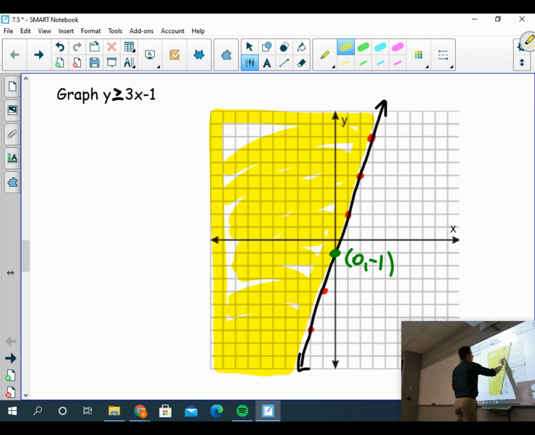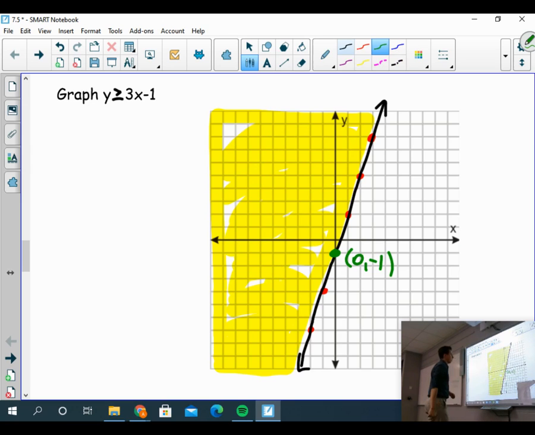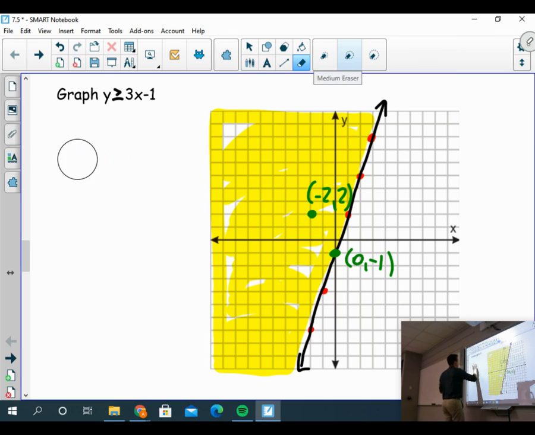And again, to ensure that I've done this correctly, I can pick a point in the shaded region and make sure it makes the inequality true. I will pick (-2, 2). I'm sorry, I flipped my x and y there.